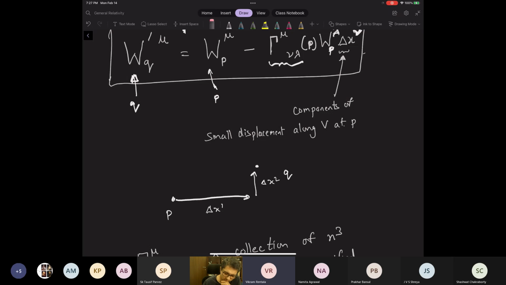Now what we want is the vector which was here, which I can break into components. This is one component and this is another component.